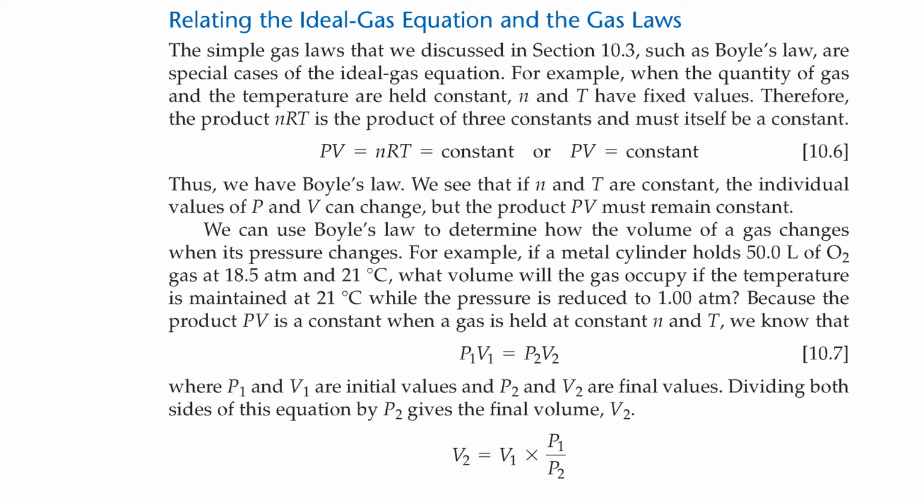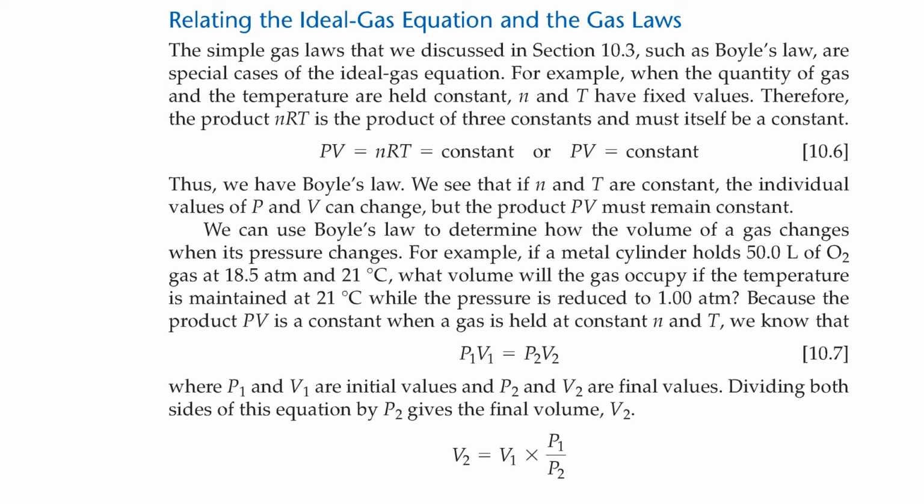We can use Boyle's law to determine how the volume of a gas changes when the pressure changes. For example, if a metal cylinder holds 50 liters of oxygen at 18 atmospheres and 21 Celsius, what volume would the gas occupy if the temperature were maintained at 21 Celsius while pressure was reduced to 1 atmosphere?